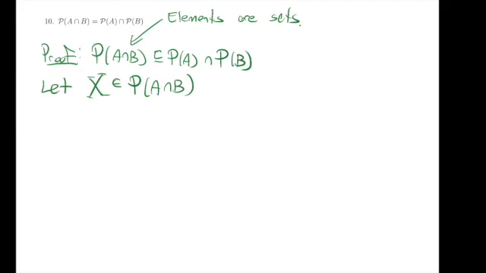So just to write out in words what all of this notation is saying, if X is in the power set of A intersect B, then what that means is this is a subset of A intersect B. And really what we just wrote out here is just the definition of power set.